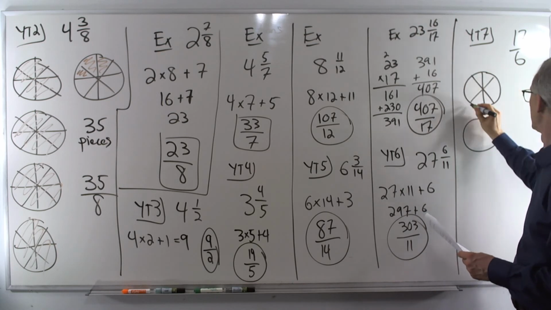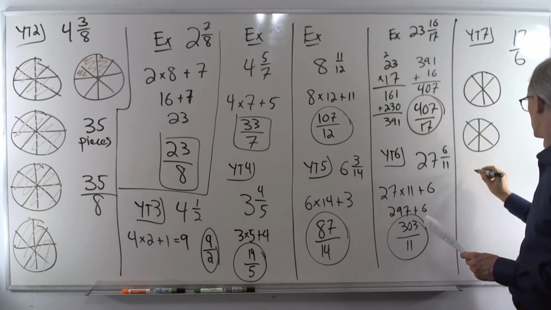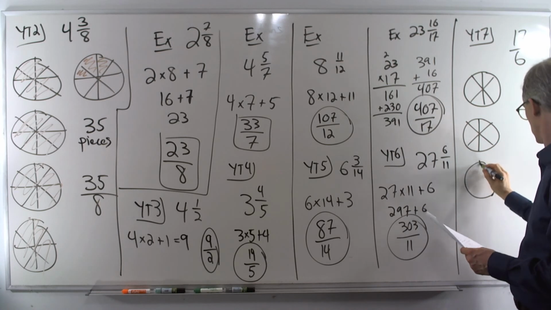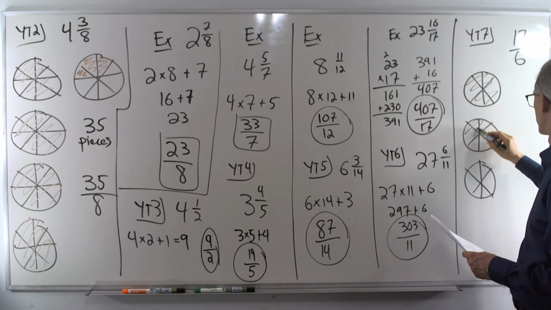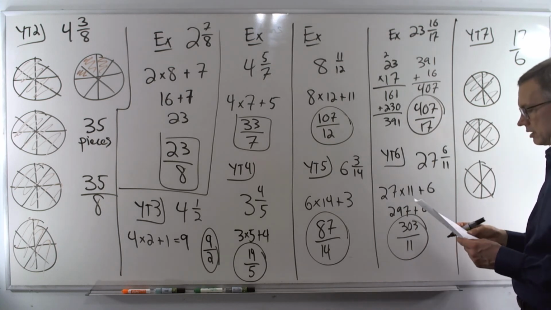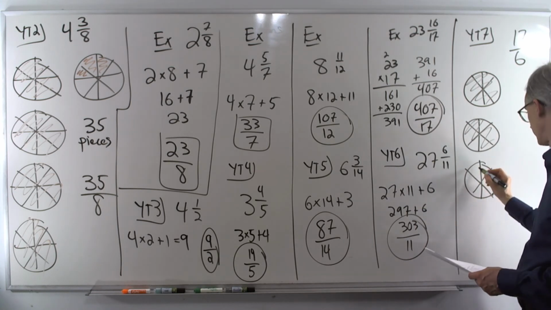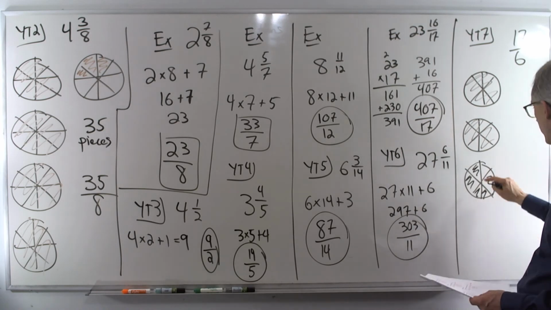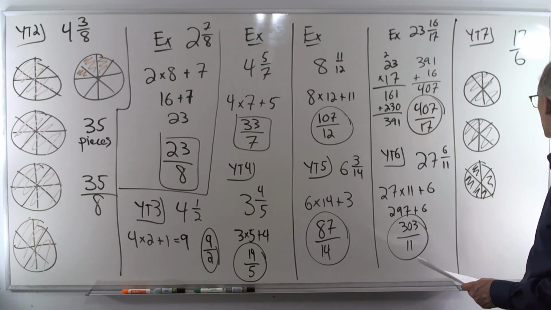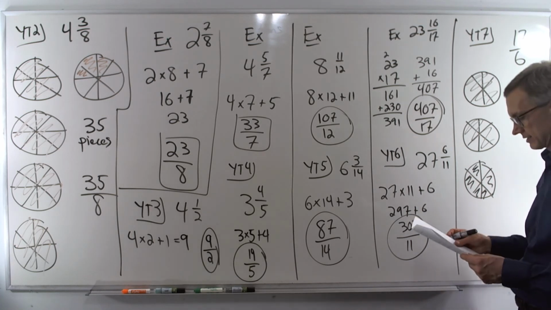See, we're doing 6 in each. Now if we get all these, we got 6, and then there's 12. 17 minus 12 is 5, so we still need 5 more pieces here. 1, 2, 3, 4, 5. So all but 1 in this one. All right, so there's our pizza diagram for 17/6.